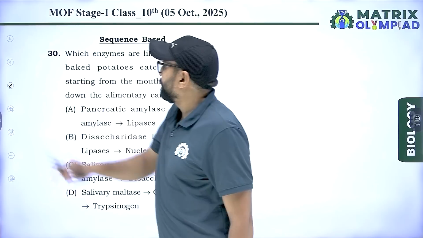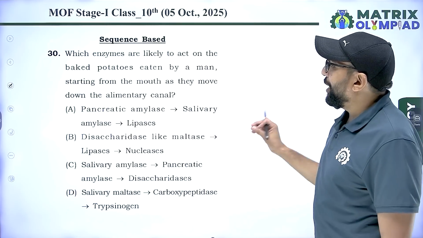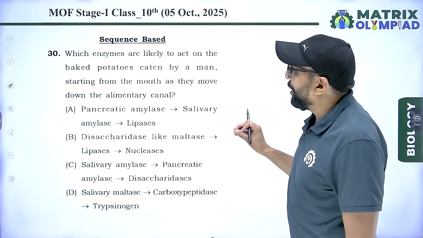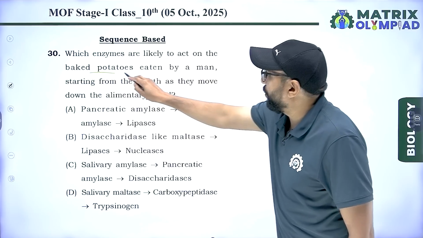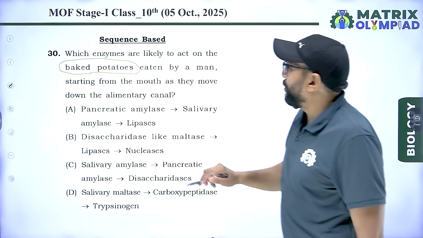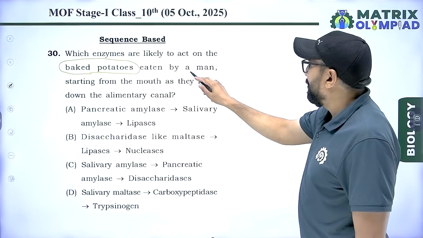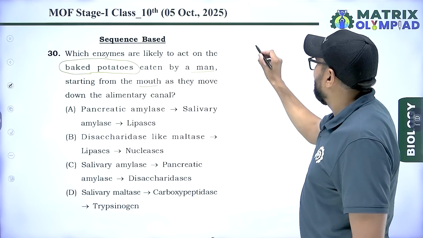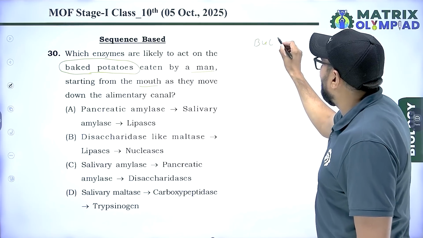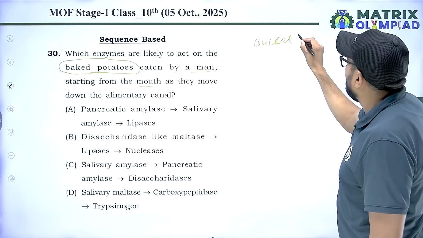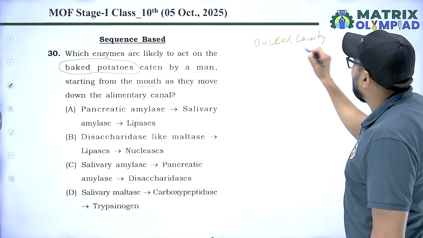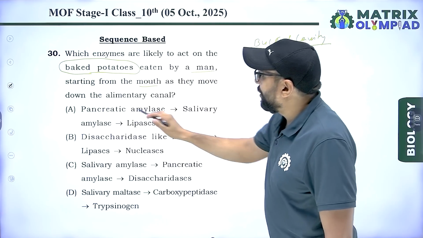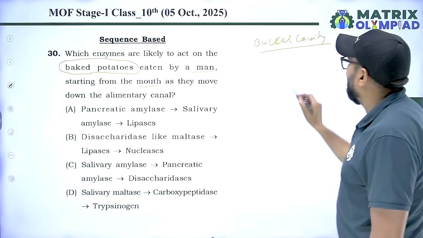Next, which enzymes are likely to act on the baked potato eaten by a man, starting from the mouth, as they move down the alimentary canal?